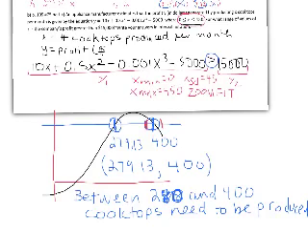So 280 and 400. So this is the interval notation, and that's what the answer is. I just went a little further to interpret, to show you what you would do if I asked you how you would round in that situation. Okay, that's it. So that's a test level problem.